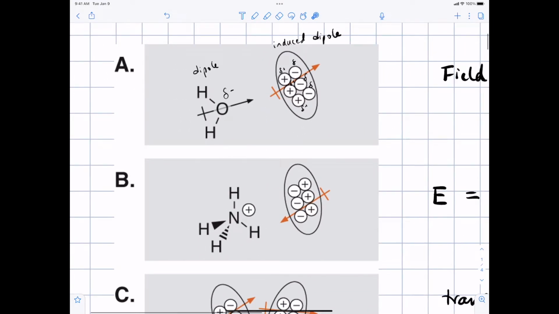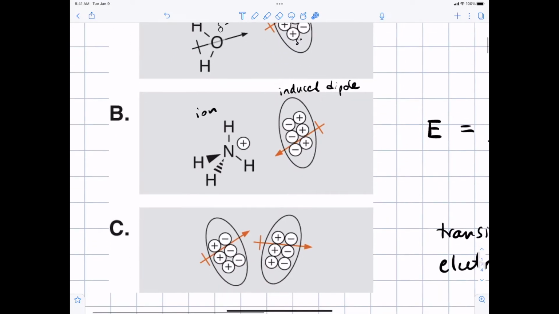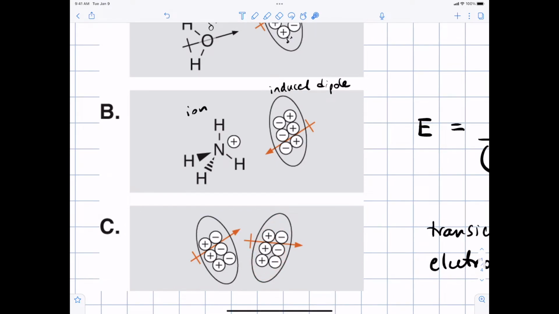And here's a related situation. Here's a full-on cation. So we would call this an ion-induced dipole interaction. And again, the molecule is adjusting its electron density to accommodate the presence of a charge here. And then lastly, if you have two such molecules, they can instantaneously adjust their electron density to be complementary to each other.